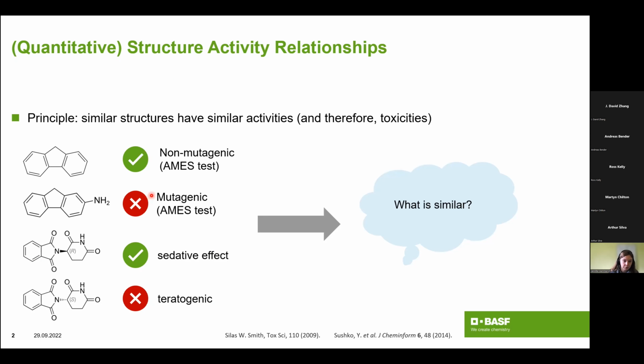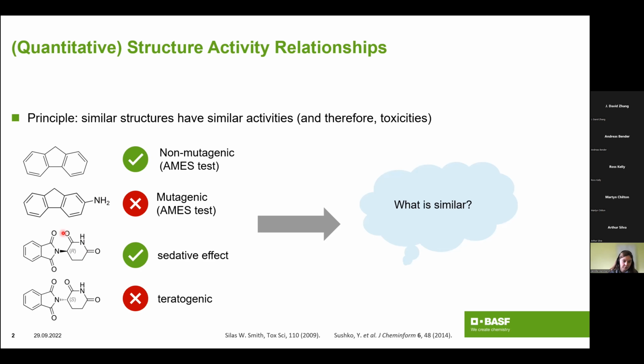But if we look at two examples, if we just very slightly change a structure, so we go from a ring system and then we put this amine group there, we go from a non-mutagenic chemical, which is what we desire, to a chemical that is mutagenic in the Ames assay. So here we have a minor change in the structure and a large, or opposite, change in the activity.